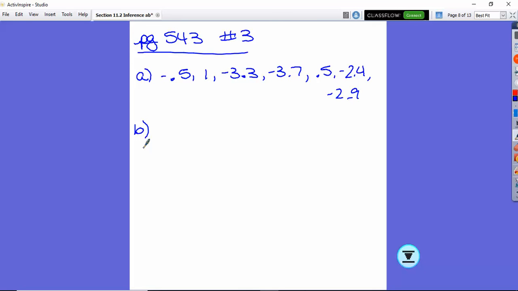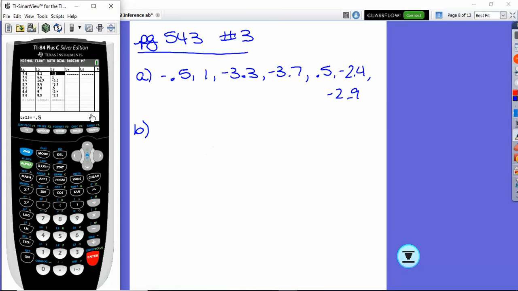Part B asks us to compute D bar, the mean of the difference, and S sub D, the standard deviation of the difference. So I don't want to do that by hand. I already have it in my calculator. We go to Stat, Calculate, One Variable Statistics. But what list do I need that for? L3. So change that to L3.